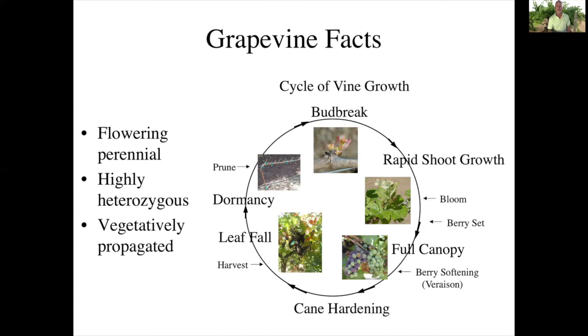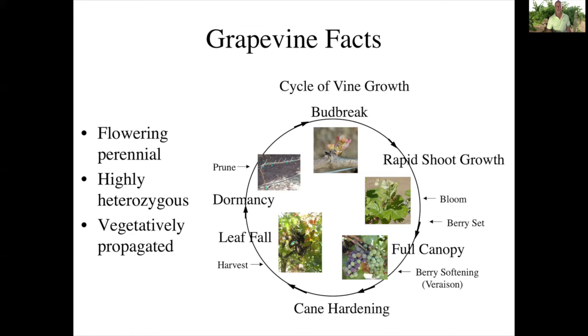And this is important because we can't propagate grapevines from seed very easily, because if we crossed Cabernet Sauvignon with another Cabernet Sauvignon, the pollen from one to the stigma of another to make a new plant or new seeds, they would not be Cabernet Sauvignon anymore because of the high heterozygosity.